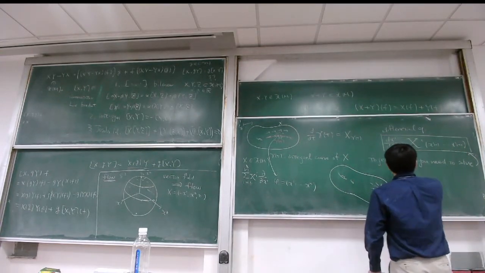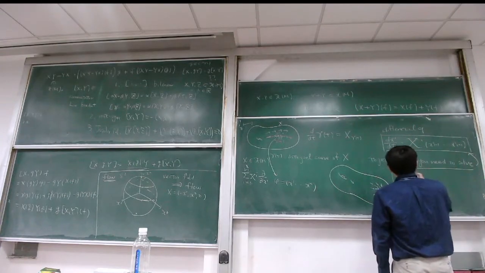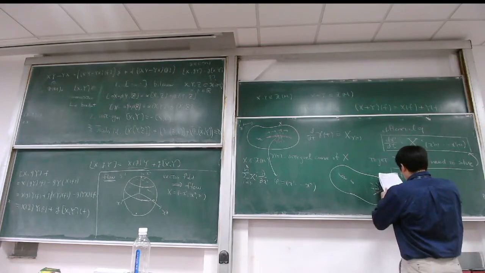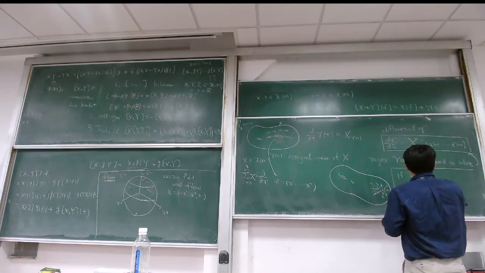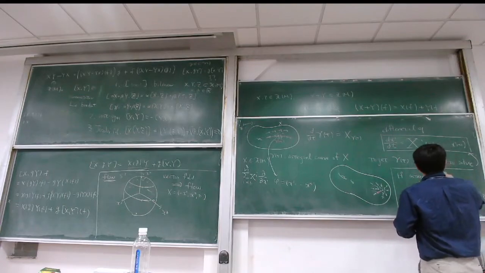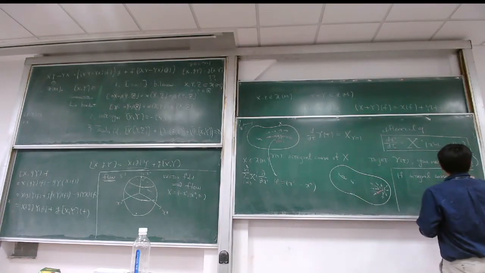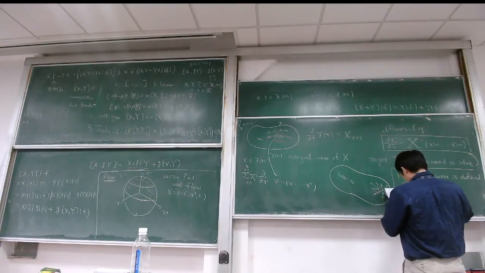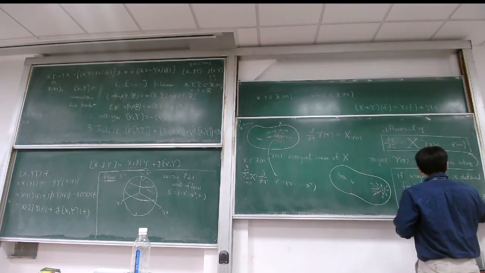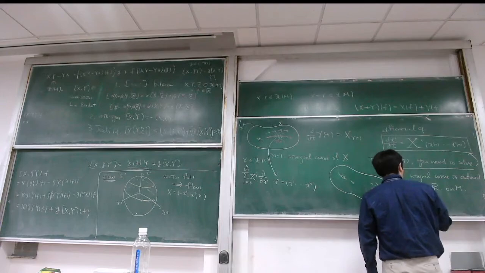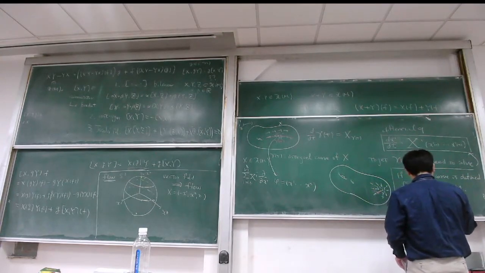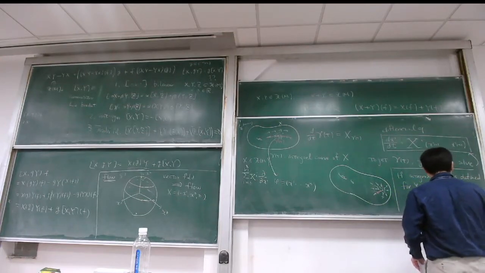If you can solve this linear equation and the integral curve is defined for any t on M, the vector field is called complete.